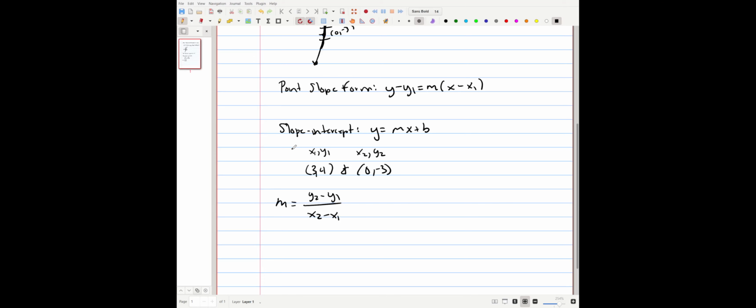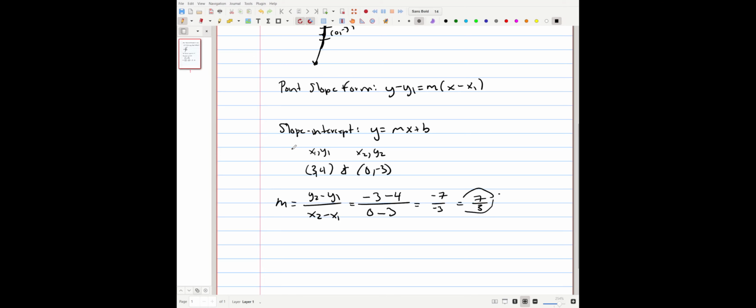So if we call this one y2, then we'll have negative 3 minus y1, which is 4, and x2 is 0 minus x1, which is 3. So negative 3 minus 4 is negative 7. And 0 minus 3 is negative 3, and so a negative over negative is positive. So our slope is 7/3.